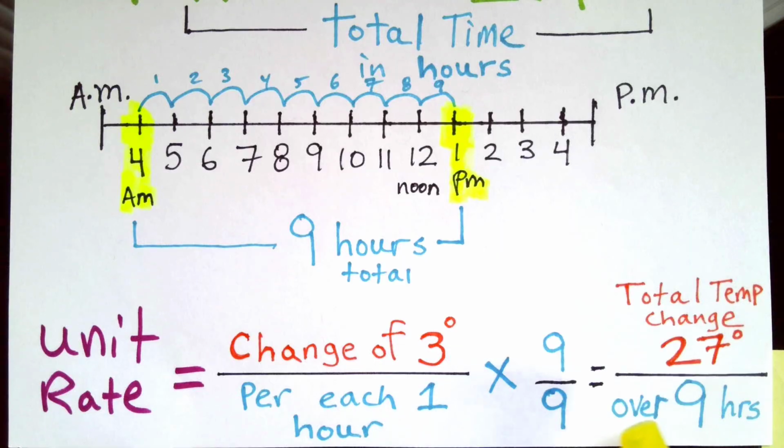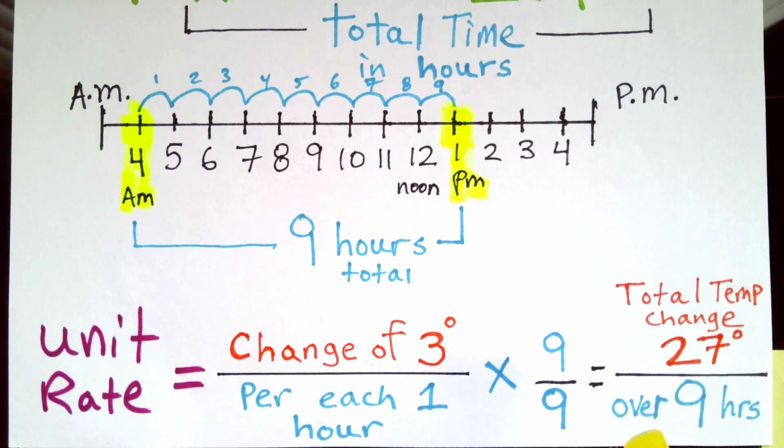So 1 times 9 is 9 hours. There's a 3-degree consistent rate of change over the 9 hours. That's the 3 to 1. Over 9 hours, 9 times 3 is 27. So we know there is 27 degrees of change over the 9-hour period.